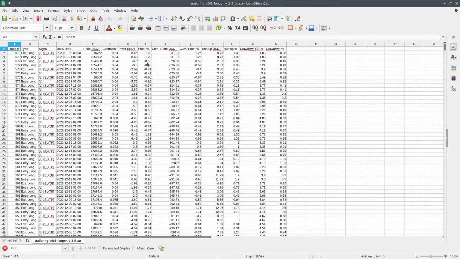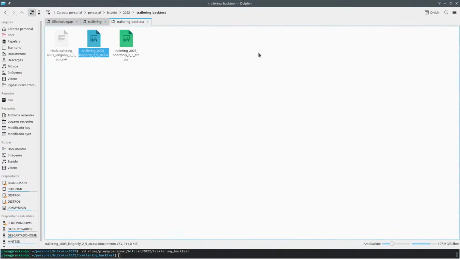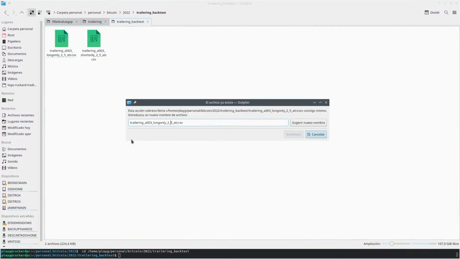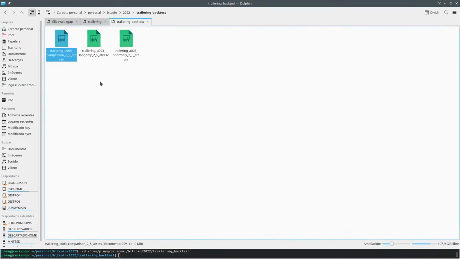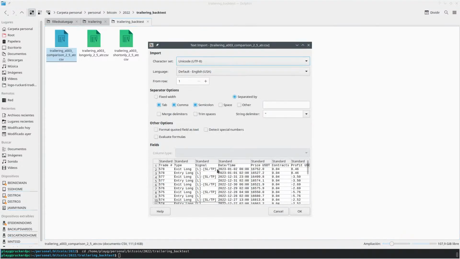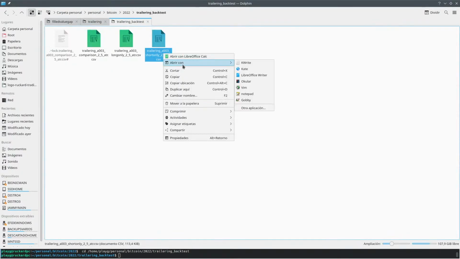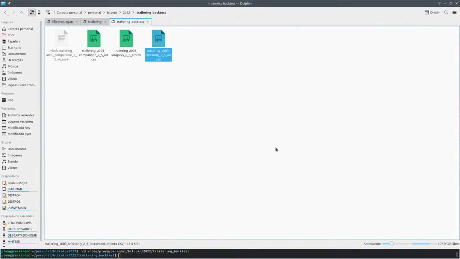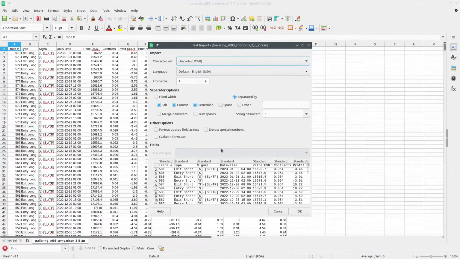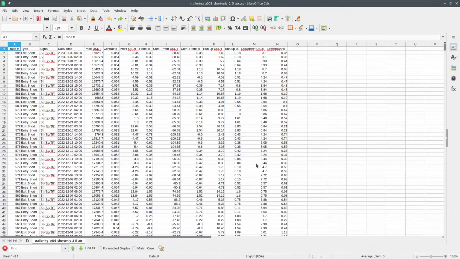So probably I want to copy this like this, so comparison, something like that. So let's open this one like this, and now let's open this one also like this.